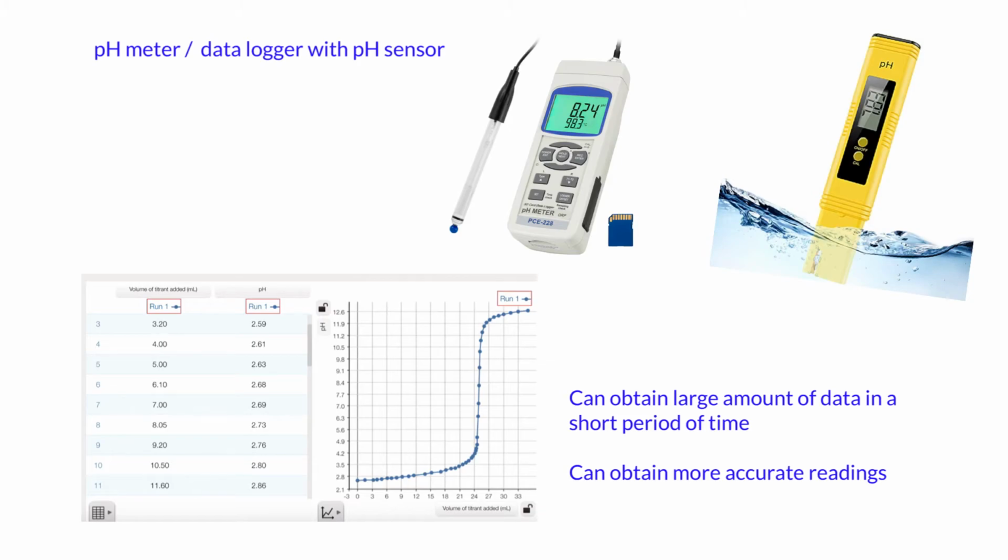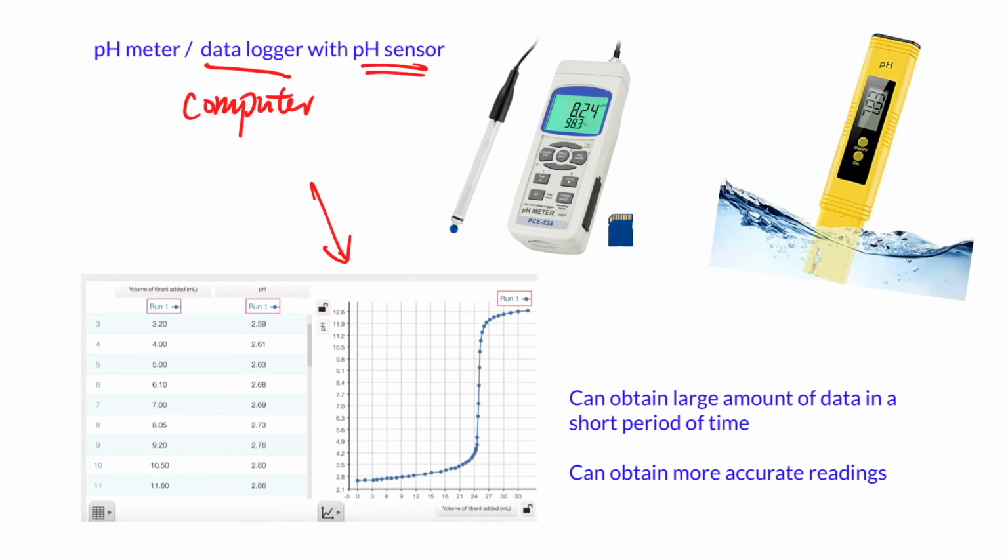Other than that, we can also use a pH meter or a data logger with a pH sensor. You can just imagine a data logger as just like a computer. When you take data with the pH sensor, the data will be imported into the computer, and very likely you don't need to do anything; it will plot a graph and show you something like this.